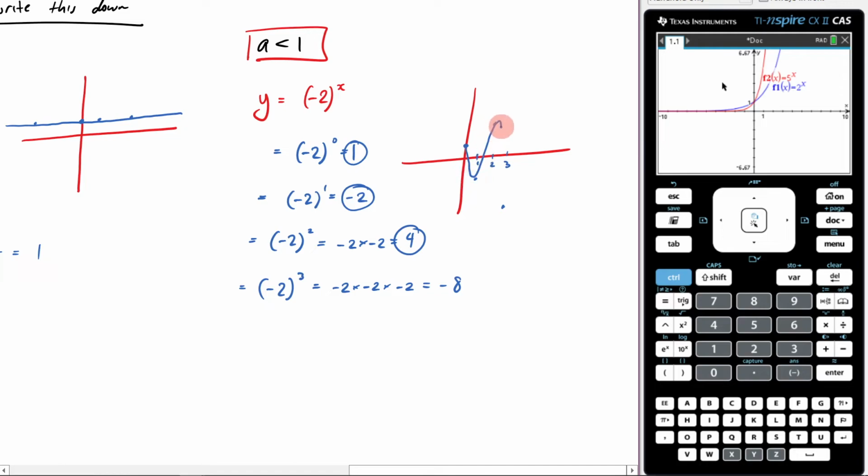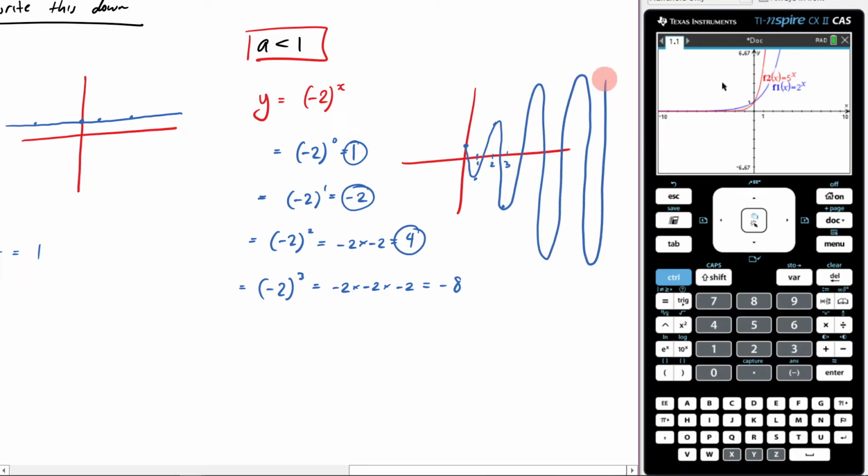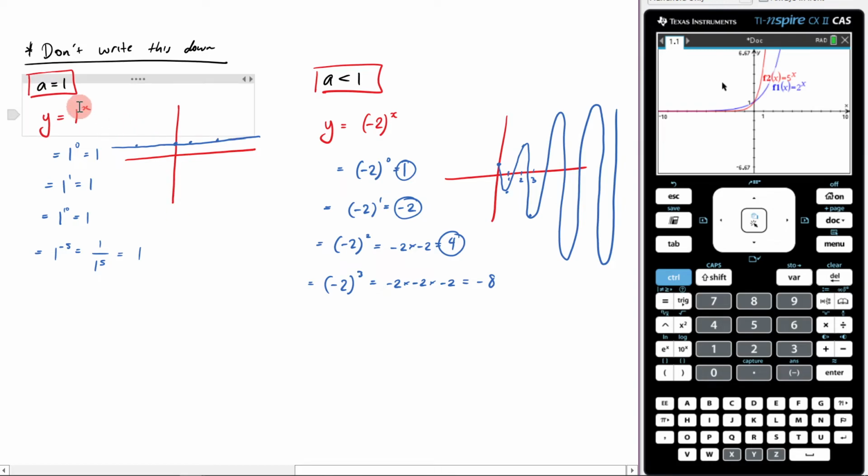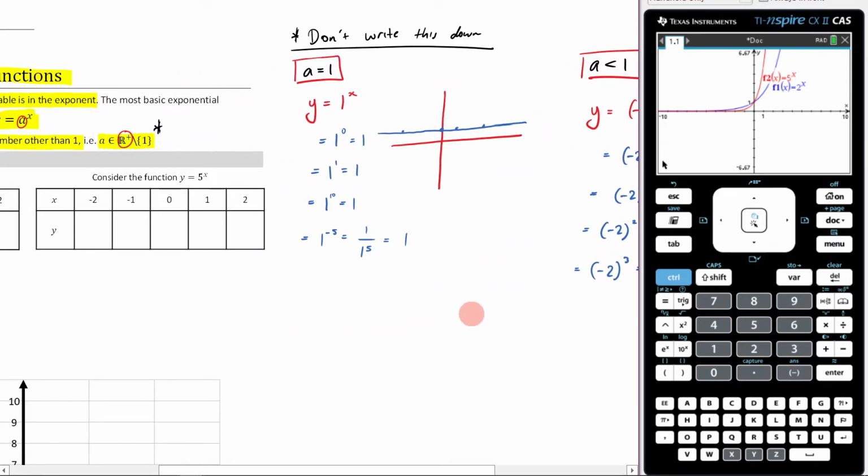This thing is oscillating and it's going to keep on oscillating like this. Now, mathematically, that's fine. But do you see that when a is equal to 1, or if a is a negative number, I'm not getting out the basic exponential form. And that's why we're giving this restriction here. A has to be a positive number other than 1.